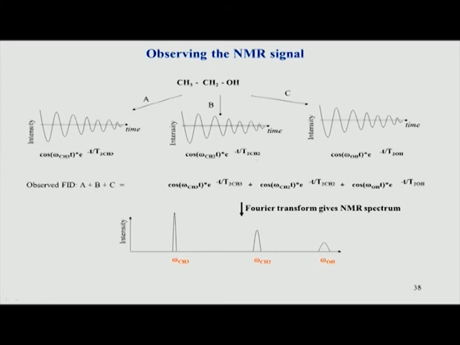This is where the quantification aspect of NMR comes into picture. The whole quantification depends on the area of the peak. So, we look at area to decide how many hydrogens are there and what the concentration is. For example, if I take a mixture of ethanol and methanol, so a mixture of 2 different molecules, and these are at 2 different concentrations, the area of the peaks of ethanol will be proportional to its concentration.